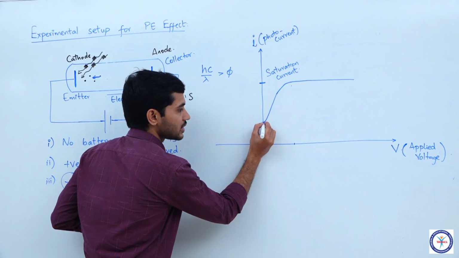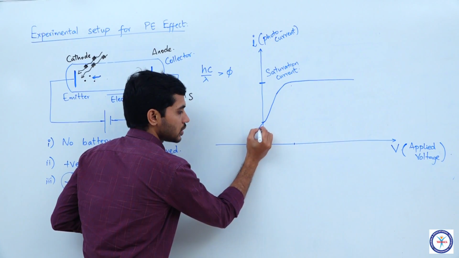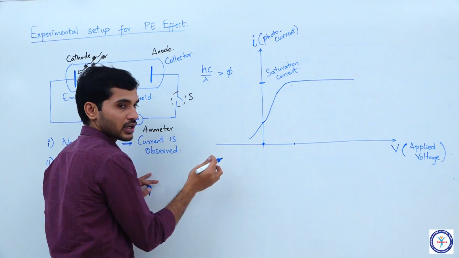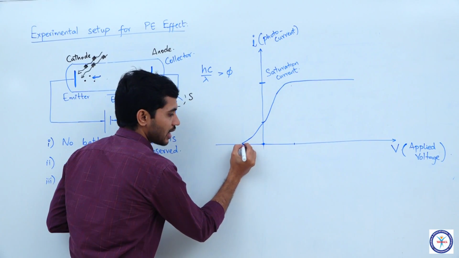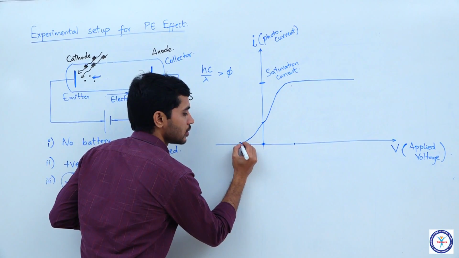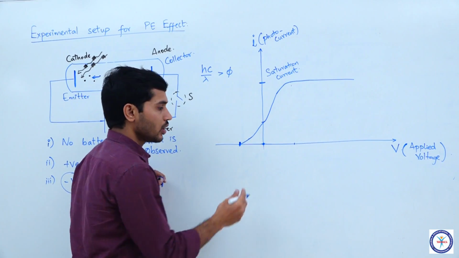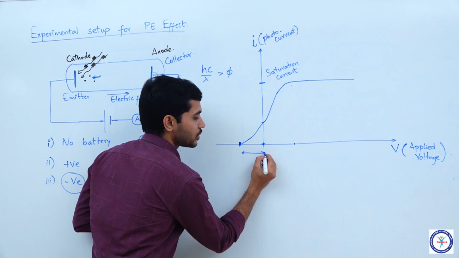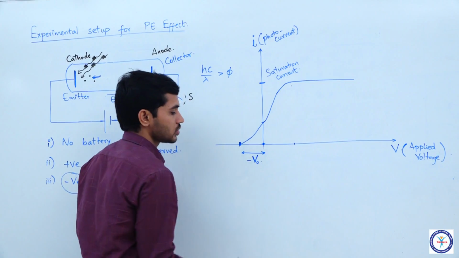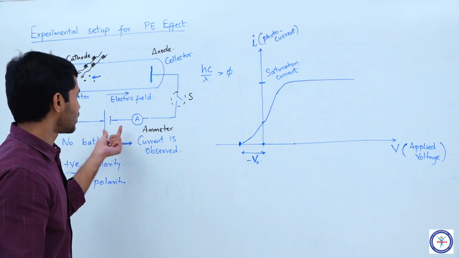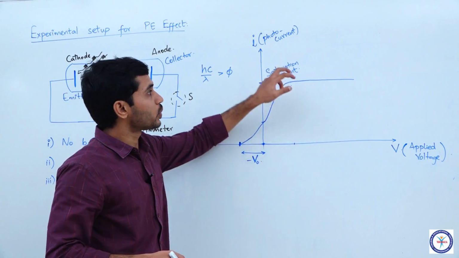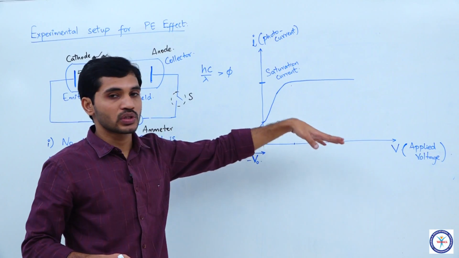The value of current keeps dropping as you keep increasing the negative voltage, and eventually at one particular value of negative voltage, the current becomes 0. This is the magnitude of that negative voltage. Let us represent that with V naught. The negative sign represents that the polarity is this way. So, this is the basic graph of how photocurrent varies with applied voltage.